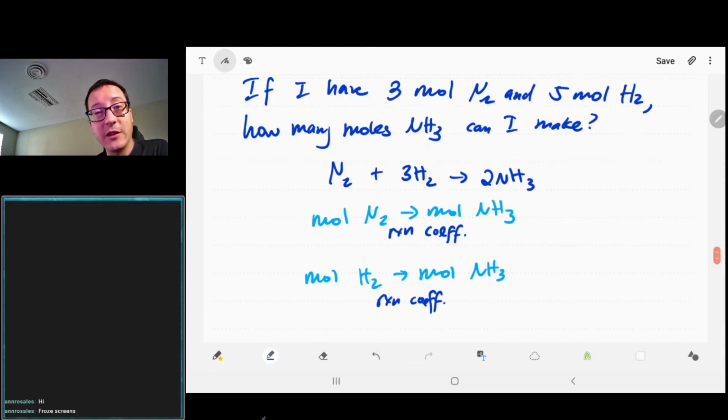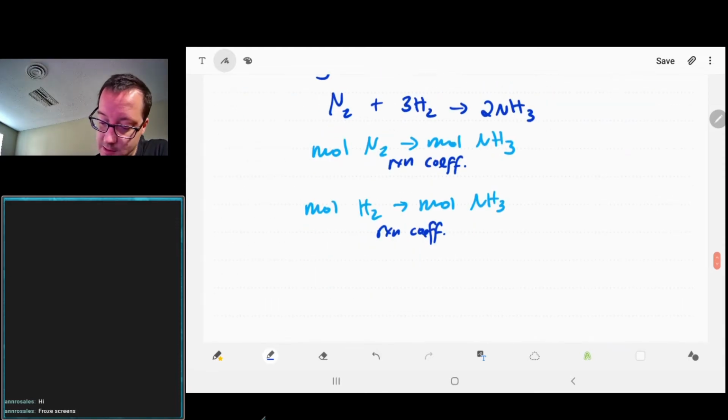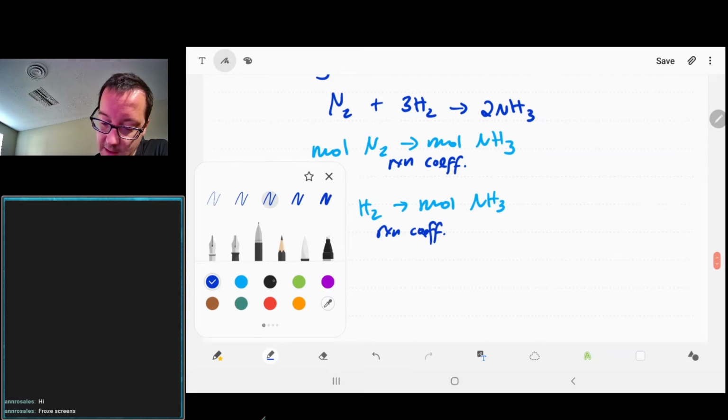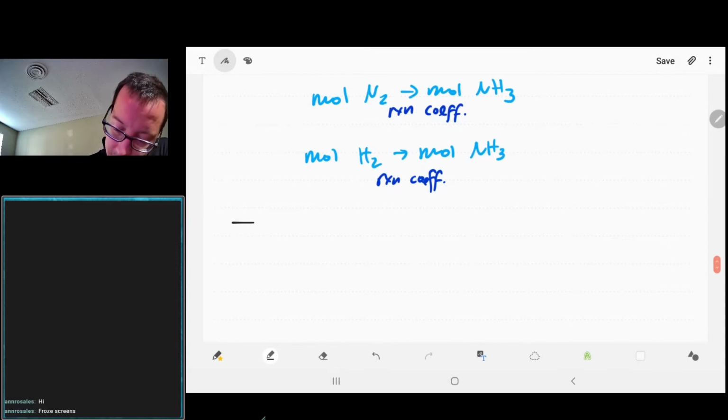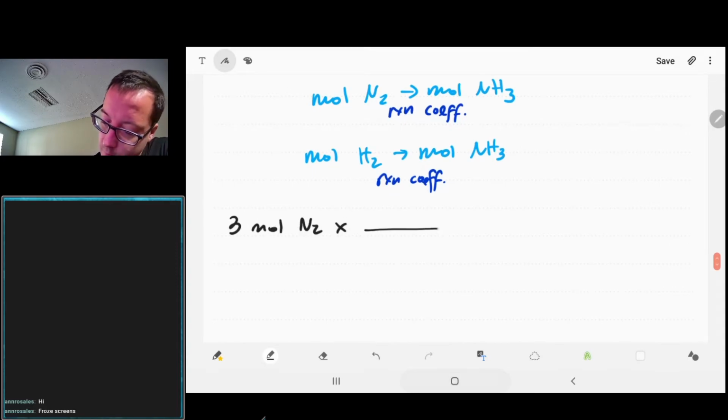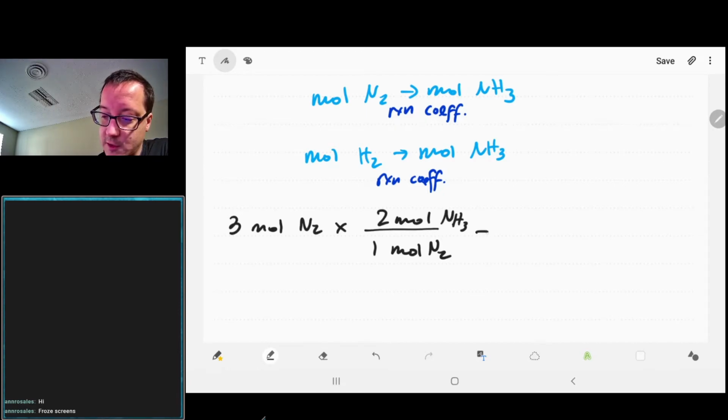And so we're just going to do two unit conversions. So we had 3 moles of nitrogen. We have a coefficient of 1 there, and a coefficient of 2 there. So we could make 6 moles of ammonia.